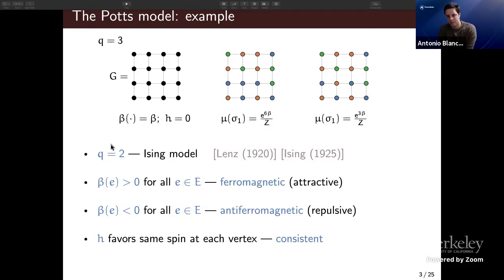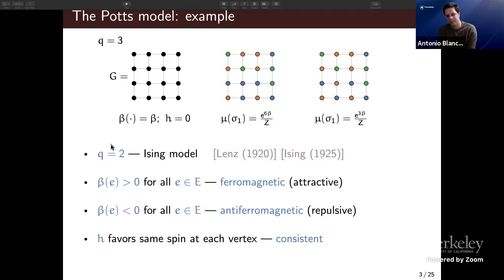The Ising model is very old. It goes to the work of Lenz and Ising in the 1920s, when they were trying to explain some phenomena that Pierre Curie observed in his PhD thesis, corresponding to some phase transitions of the ferromagnet. So they were trying to come up with some statistical mechanics model to understand this phase transition.